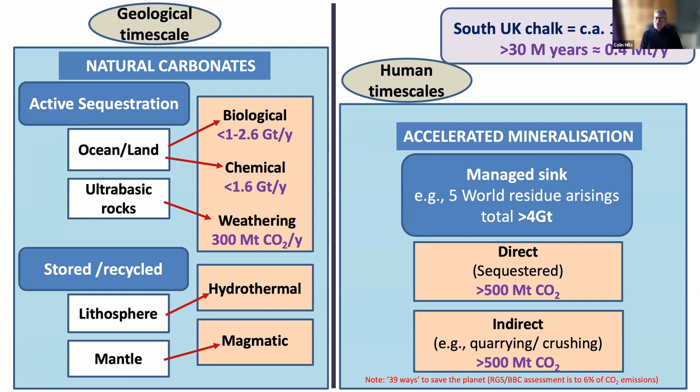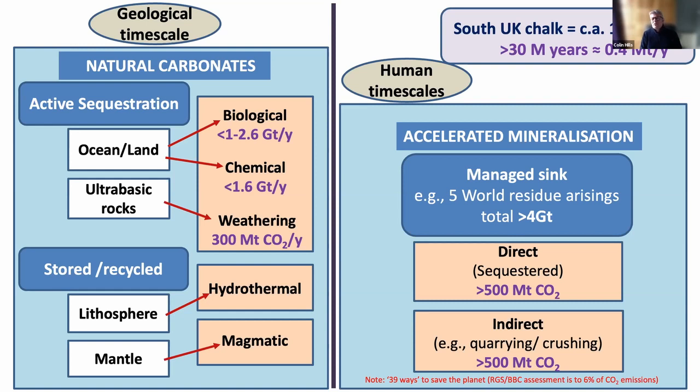But of course, the CO2 that enters the geosphere tends to be recycled largely by hydrothermal and magmatic processes, and it tends to stay there. And in fact, greater than 99%, if I remember correctly, of the carbonate on our planet is within the geosphere.